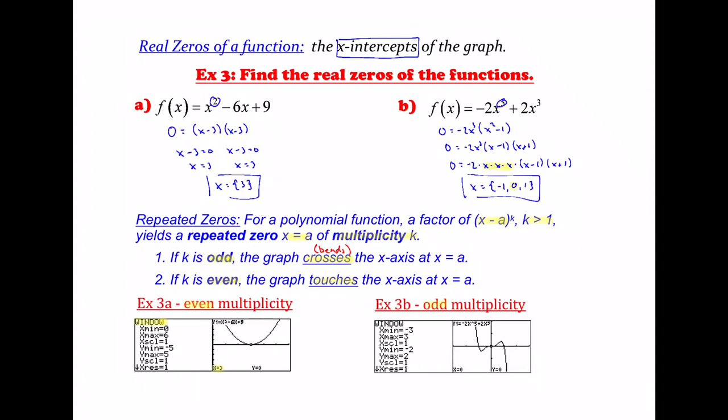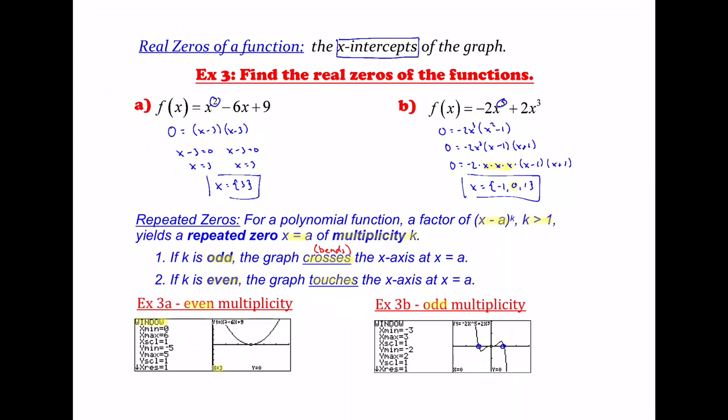With an odd multiplicity, I graphed example 3b from above, and you can see it does cross at x equals -1, and it kind of goes straight through, and then it crosses at x equals 1, and once again goes straight through. But at x equals 0 with that odd multiplicity, look what happens.